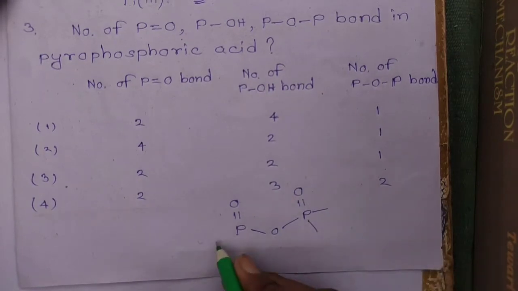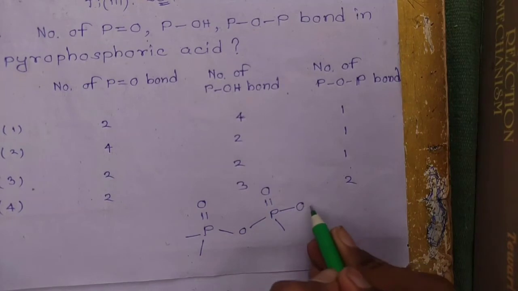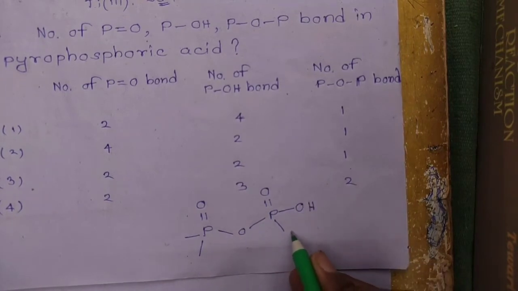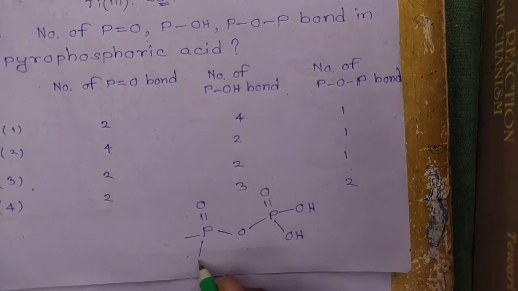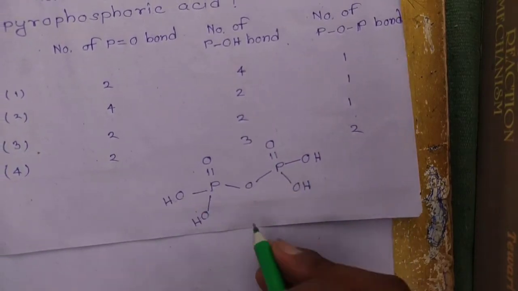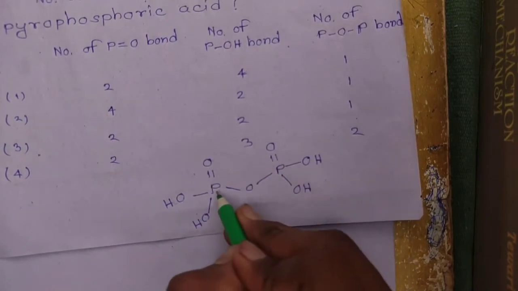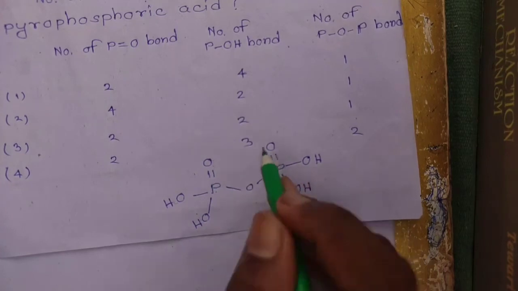Now OH, OH, OH, OH. So we can simply define that it has two phosphorus double bond oxygen bonds.